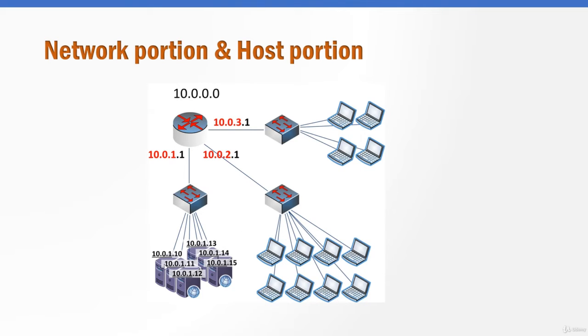So all of these devices are going to have addresses that begin with 10.0.1. That's the network portion. The network portion of an IP address is going to be repeated through the entire network. For this LAN, it's 10.0.1, and the host part changes for each device.